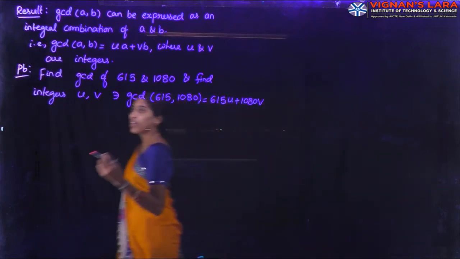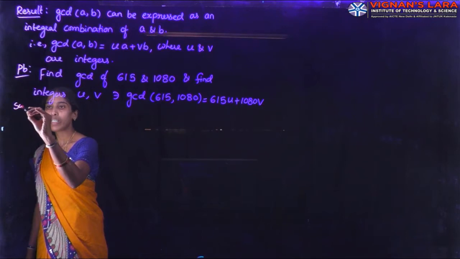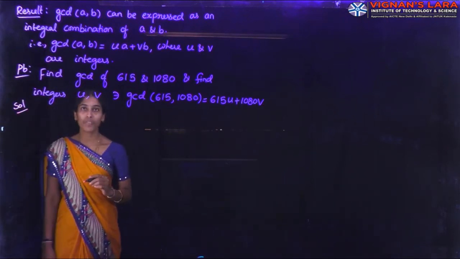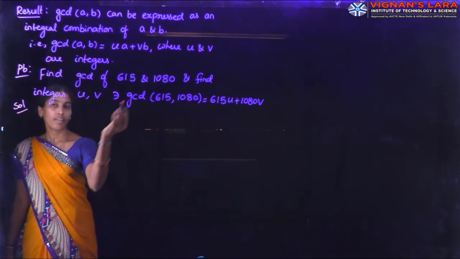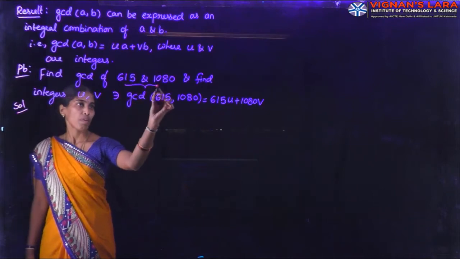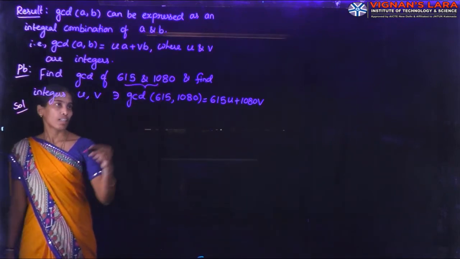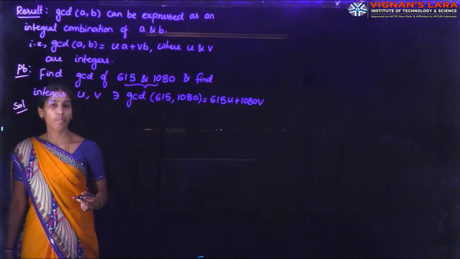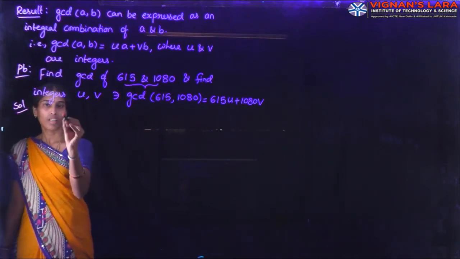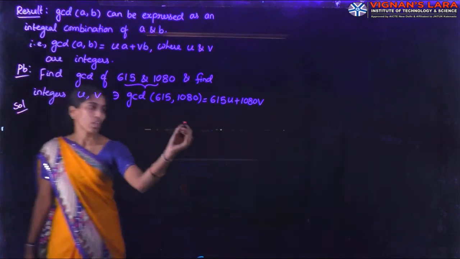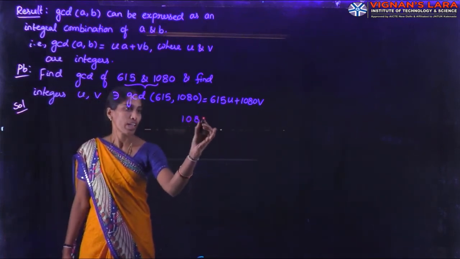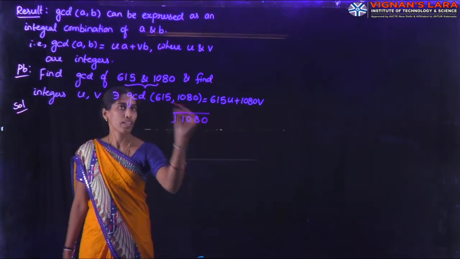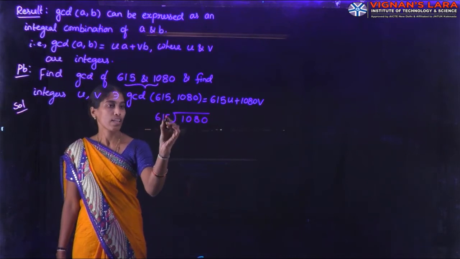So to calculate the GCD of any two numbers, we use the technique of division algorithm. Here in these two numbers, the larger number is 1080. So take this larger number as the dividend. Here we are doing the division, 1080 is the dividend and divisor is 615.